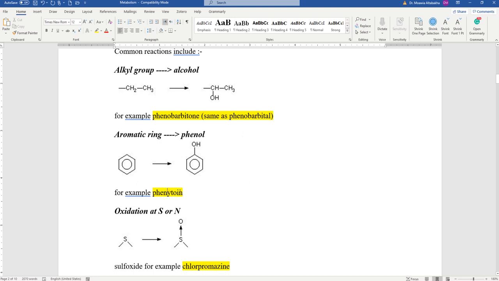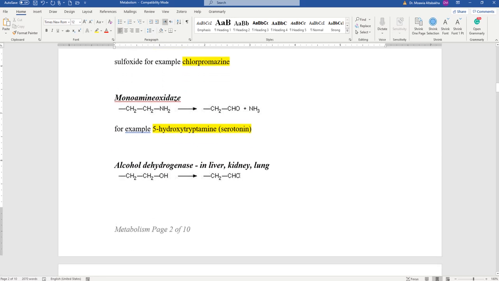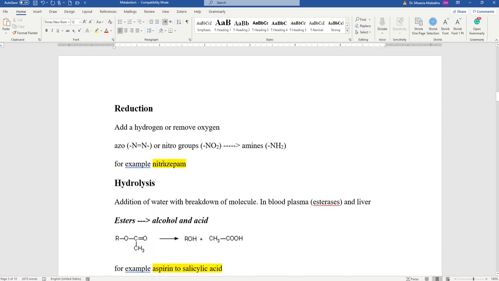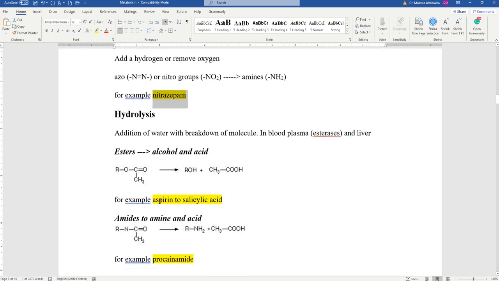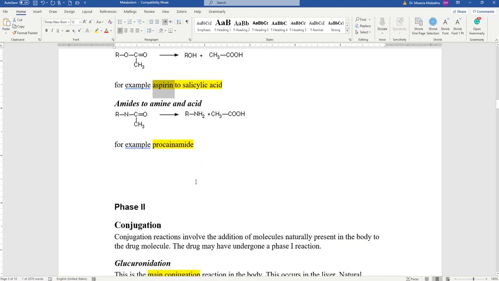Phenytoin can also undergo oxidation, chlorpromazine too, and for reduction you have here nitrazepam, and for hydrolysis the famous one is aspirin. But we also have procainamide.